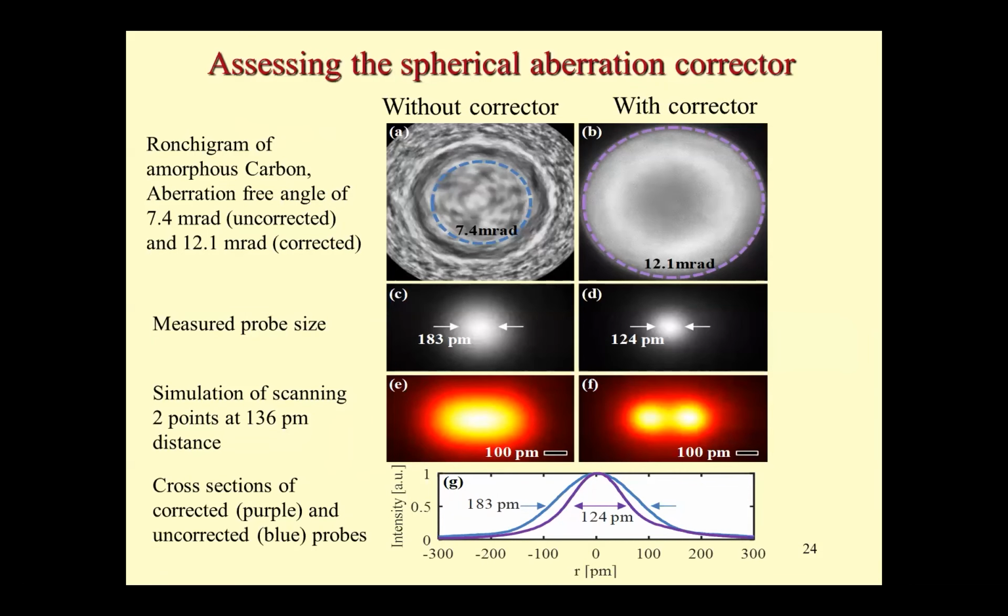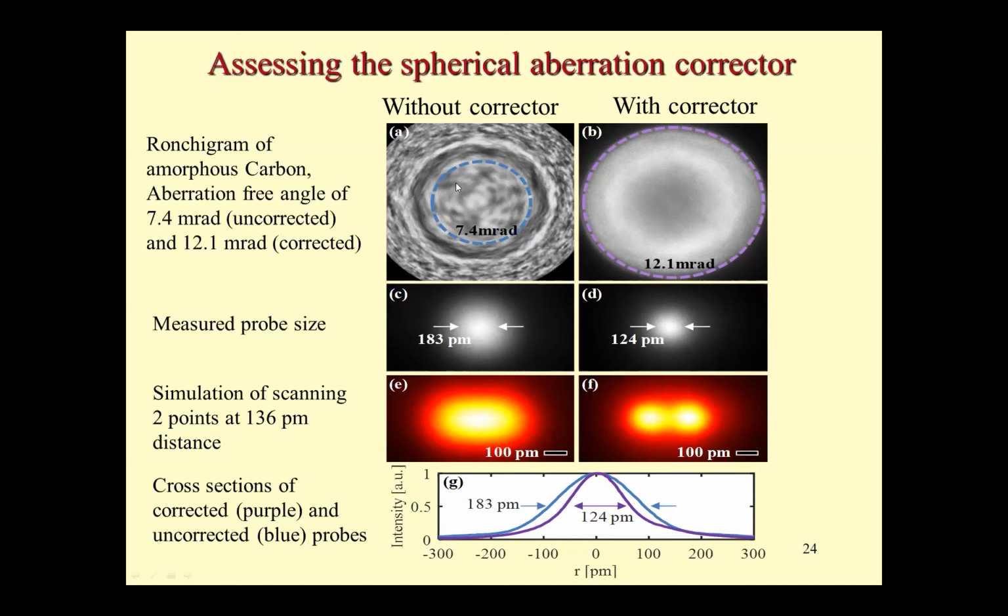So there are different ways to assess the correction. Maybe the most quantitative one is by making a ronchigram measurement, where we focus the beam onto an amorphous sample. In this case, we use an amorphous carbon. And then we can measure the angle of where the image looks, let's say, kind of homogeneous.